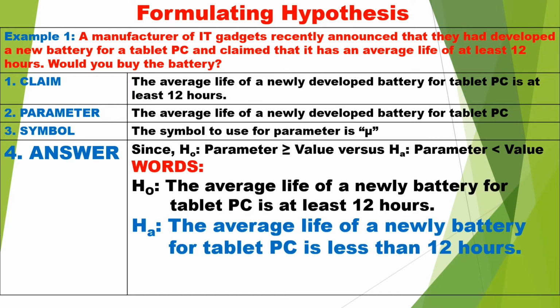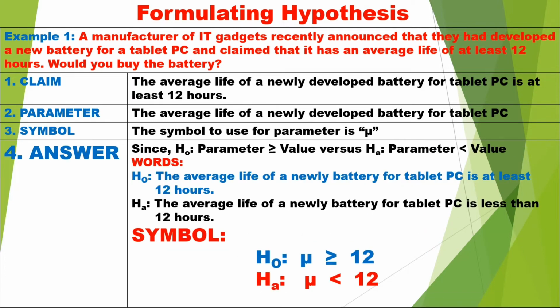And H sub A or the alternative hypothesis will be the average life of a new battery for tablet PC is less than 12 hours. In symbol, H sub O, mu is greater than or equal to 12, H sub A, mu is less than 12.